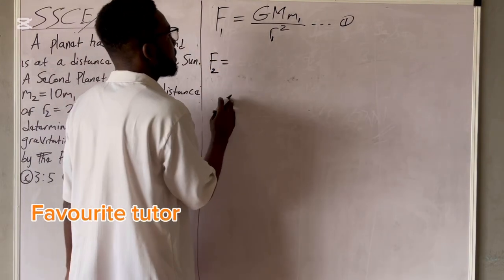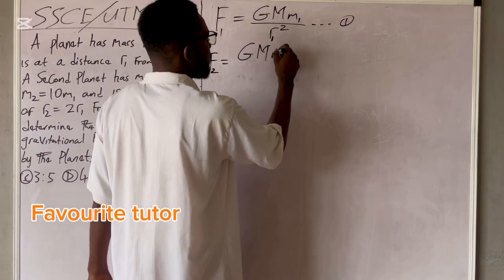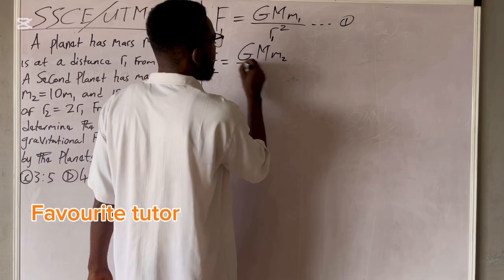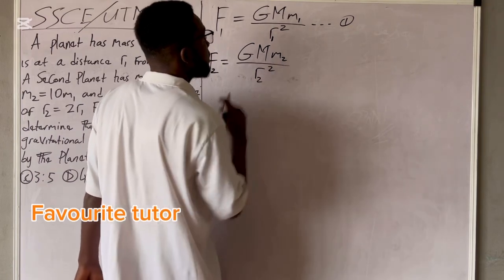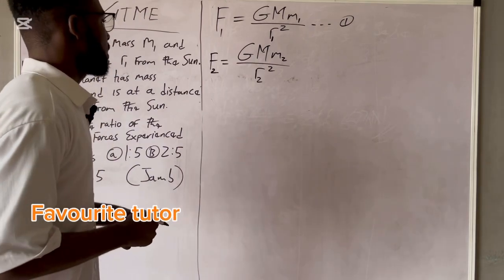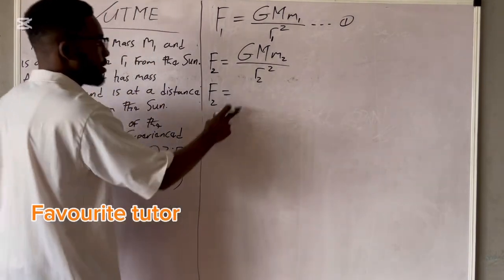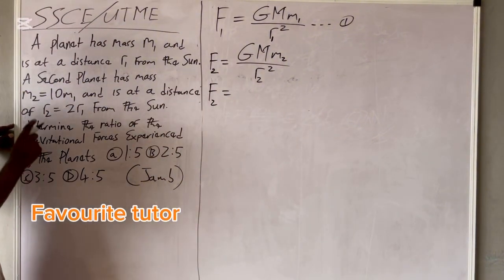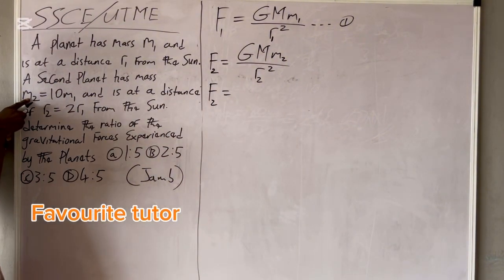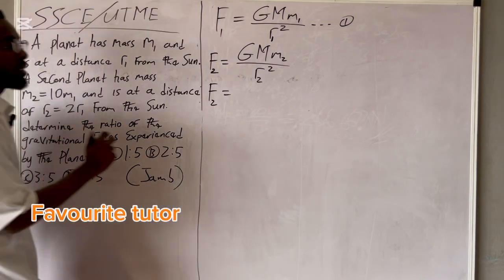Okay, for the second planet, force 2 is equal to G, mass of the Sun, mass of the second planet, all over the distance of the second planet to the power of 2. But we were told in the question that mass 2 is equal to 10 times mass 1.